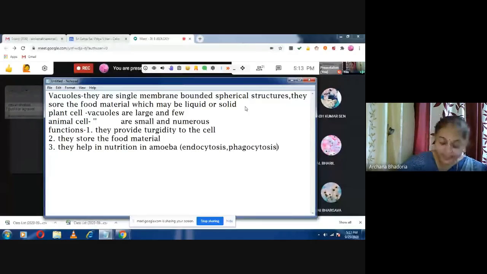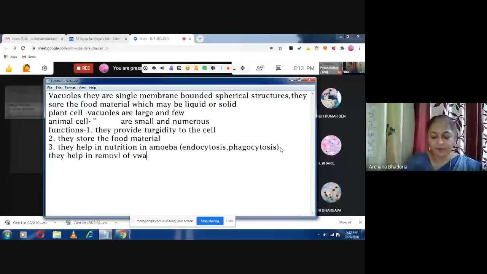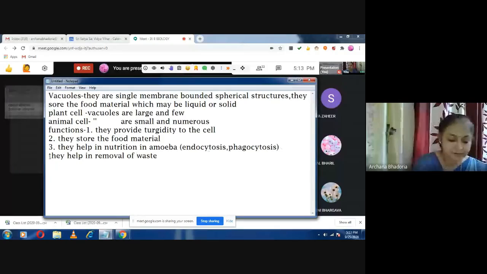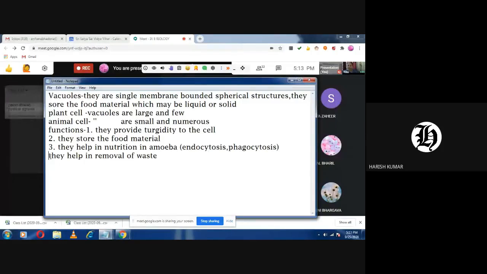Then next point you write down, they help in removal of waste. Done, children? Yes, ma'am.